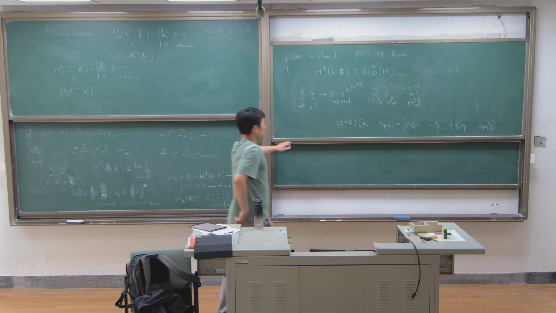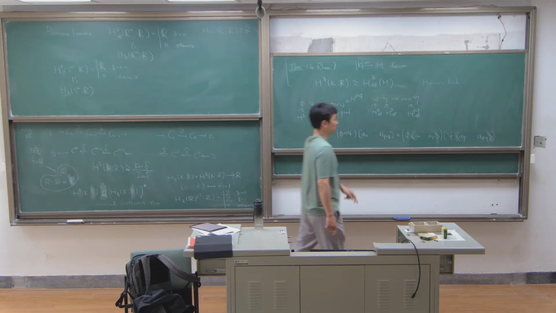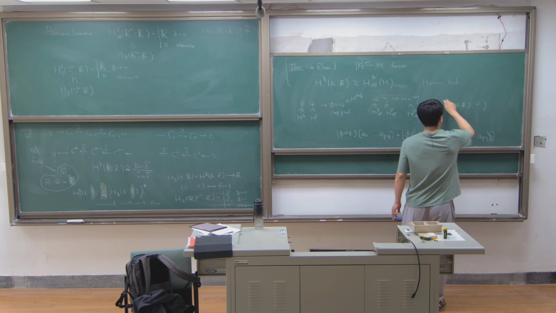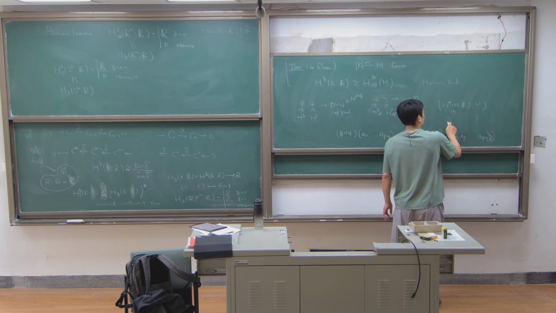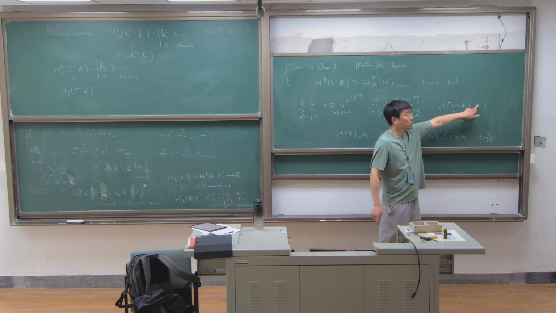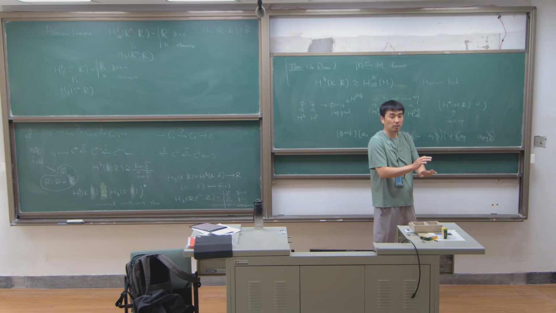Here you can consider it as a vector space. Therefore H^* of M with R coefficients has the cup product. It's an abelian group, so you have addition, and the cup product will give you multiplication.